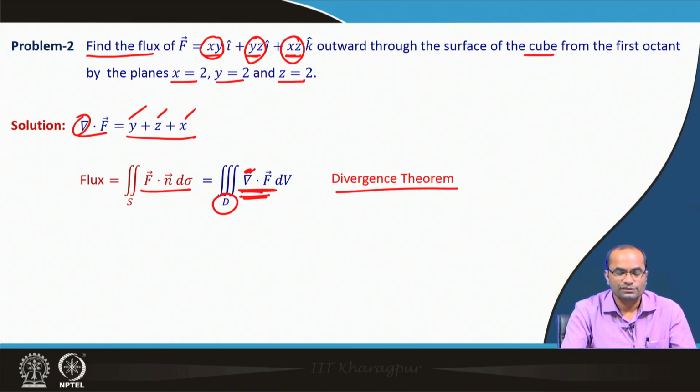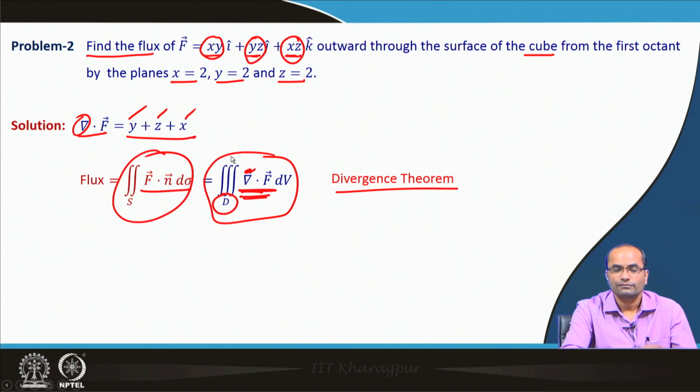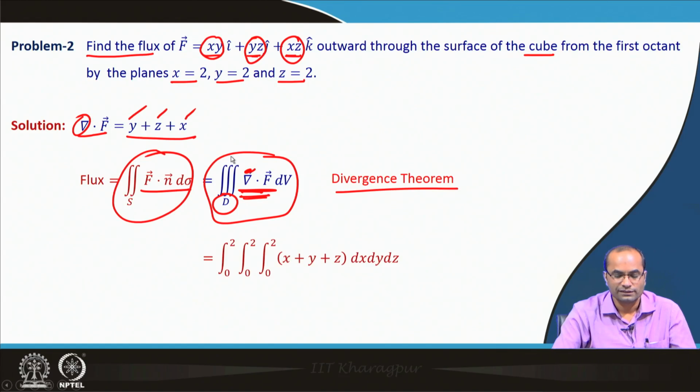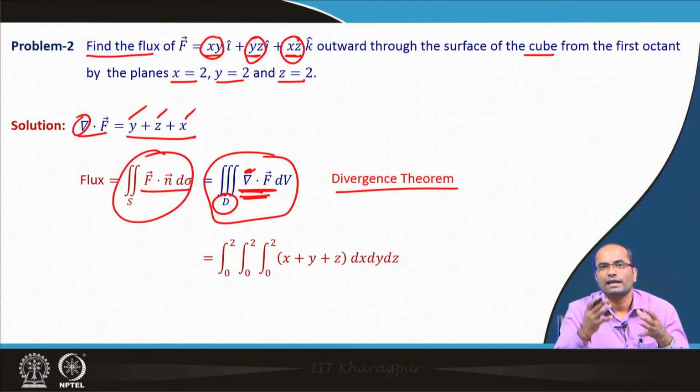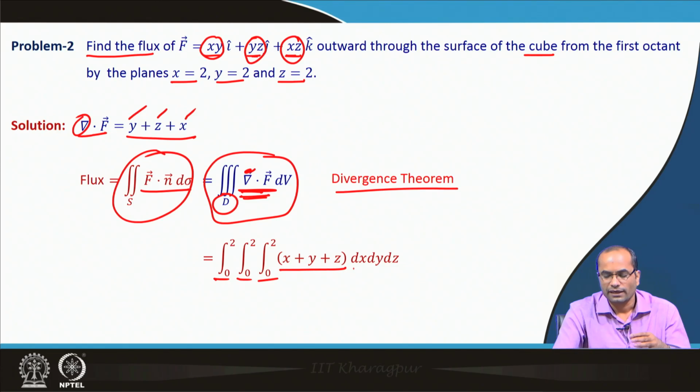So, using this divergence theorem, we are computing this flux using the volume integral. In our case it is a cube which is lying in the first octant. So, that means x is varying from 0 to 2, y is also varying from 0 to 2 and z is also varying from 0 to 2. So, we have these limits, this is the integrand and then dx dy dz.